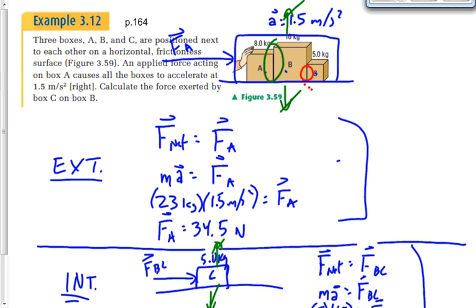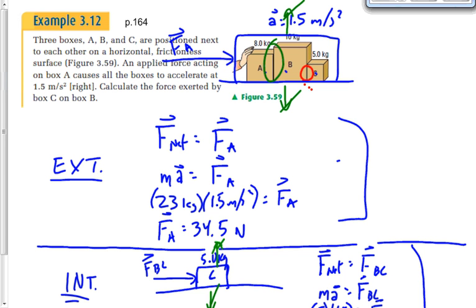All right, let's take a look at it then, guys. The question asked me to find the force between A and B. Remember what we've got to do first. The first is to analyze the external forces. The semi-truck trailer. Forget about the ice cream inside right now. It's the whole trailer with everything inside. We've already done that.